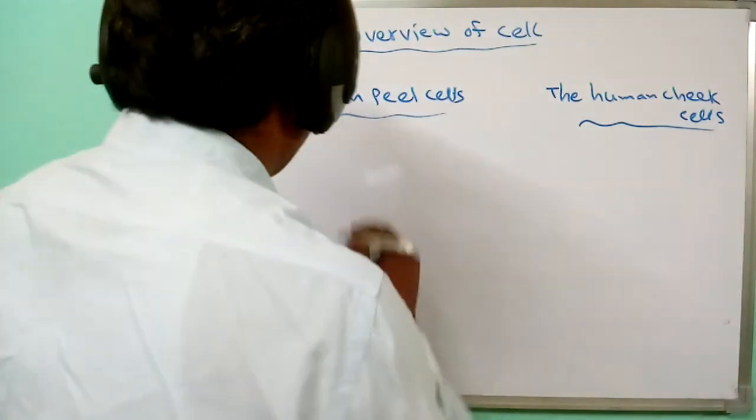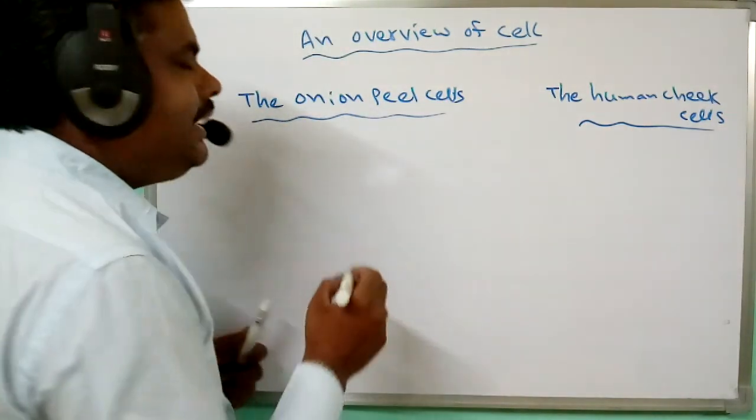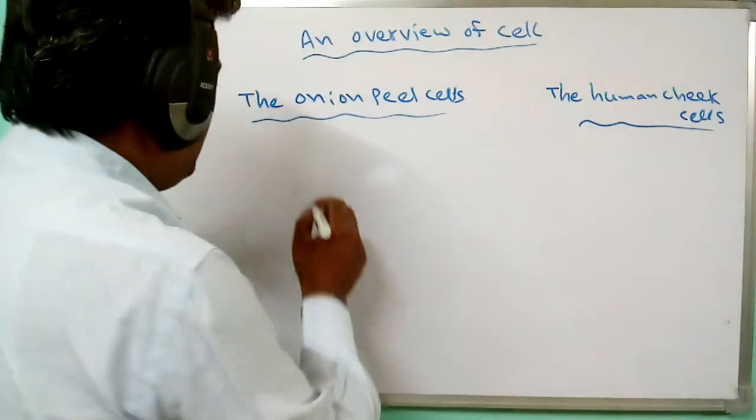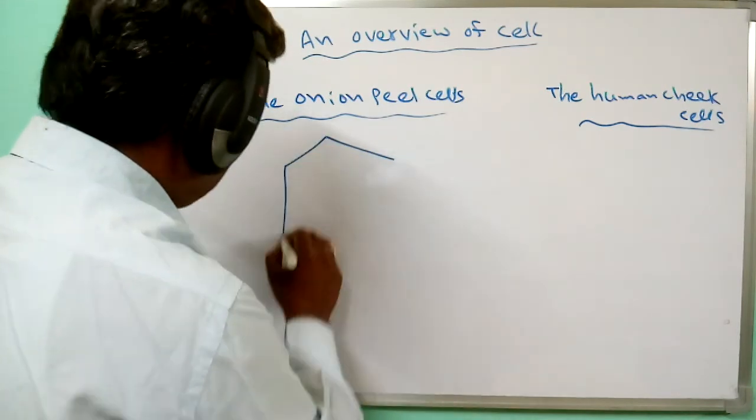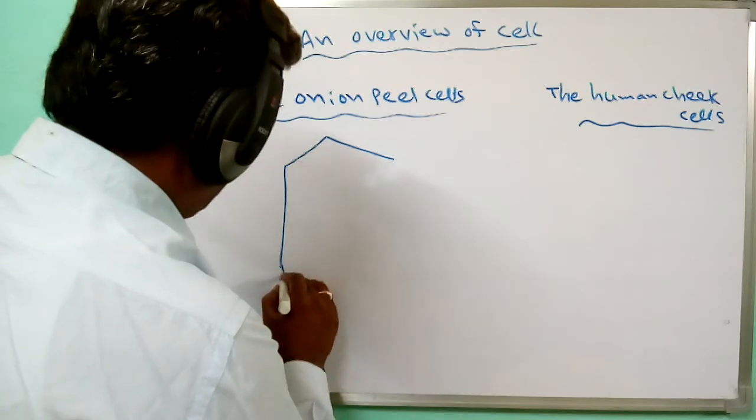The onion peel cell is a typical plant cell.